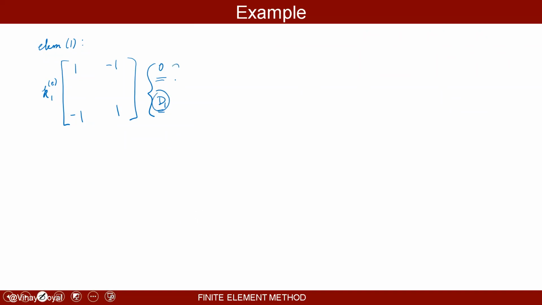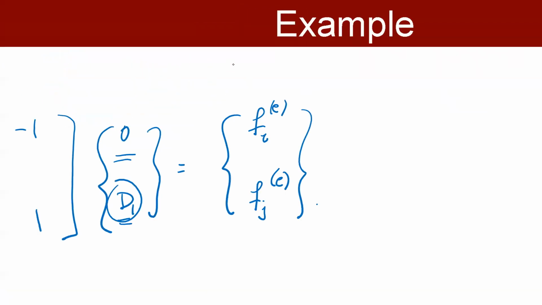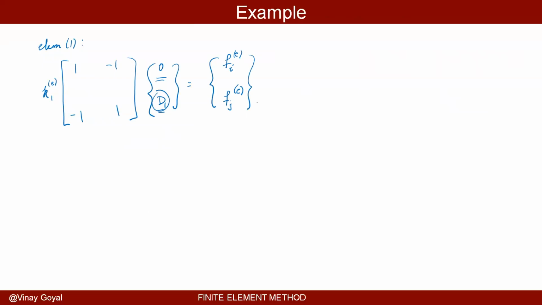So just multiply these two things, and that should be equal to the force at node I for element 1 and the force at node J for element 1, which should be equal and opposite, actually. Both are, by convention, pointing to the right, right? Yeah, but when you solve it, I think you're going to get the same magnitude, but the signs will be different. Oh, yeah, of course.